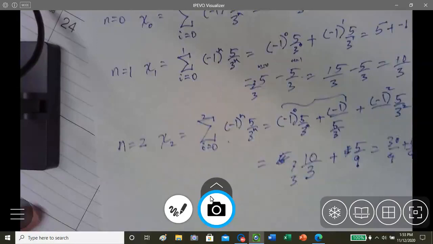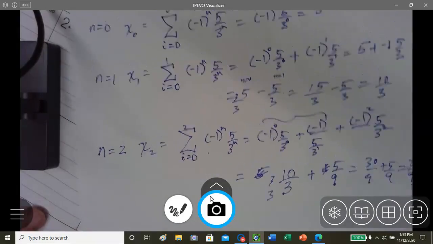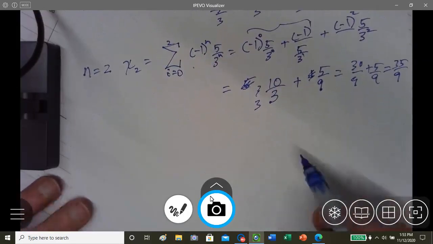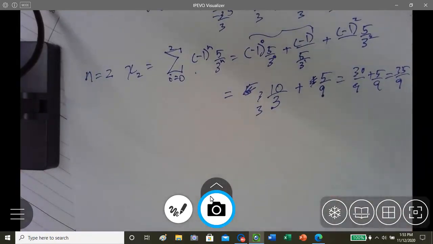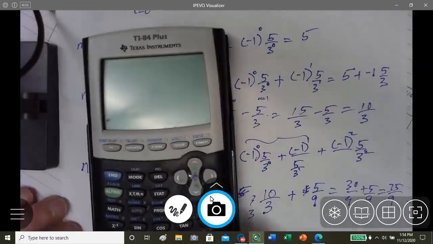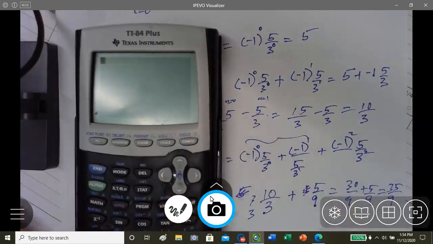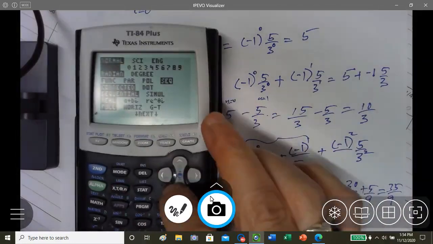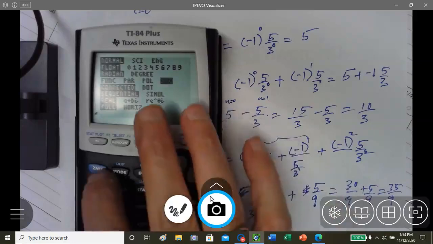So you can keep going on like that forever until you get a convergence. But there's a lot easier way to do this instead of going through all these calculations. So let's get the calculator. Again, like before, you want to make sure your mode is function, make sure you're in sequence, and hit enter.